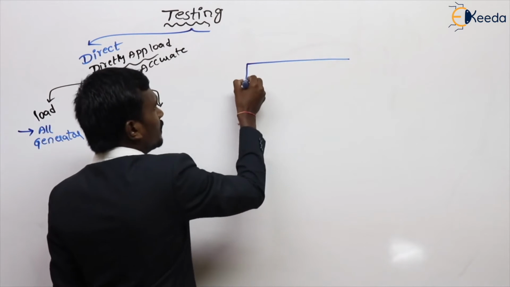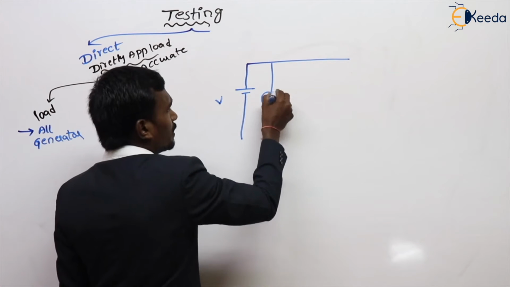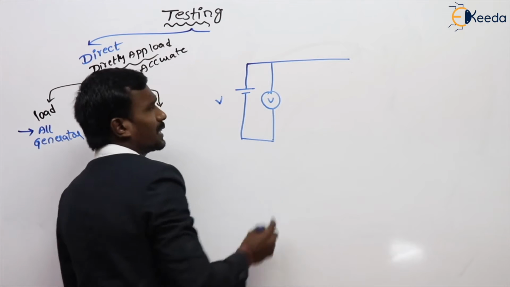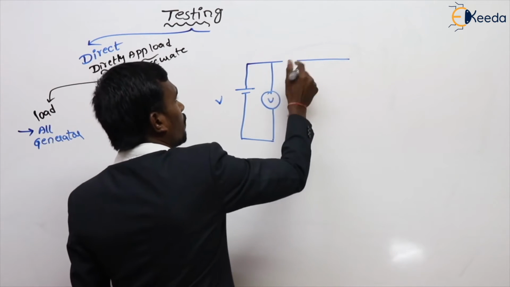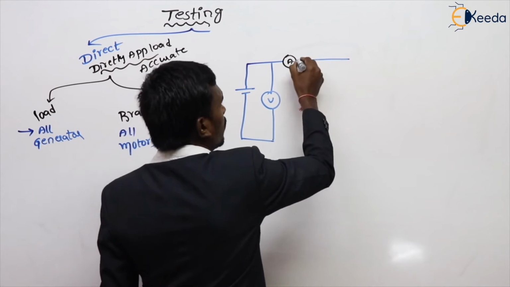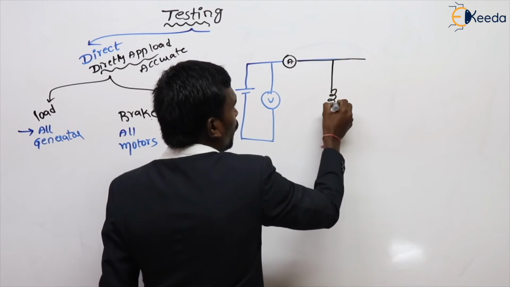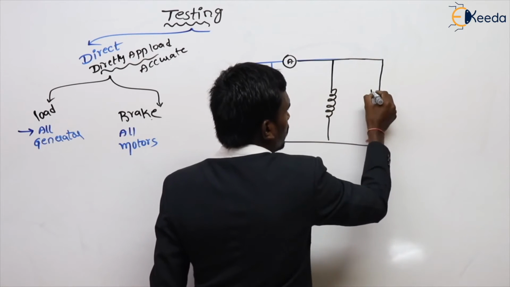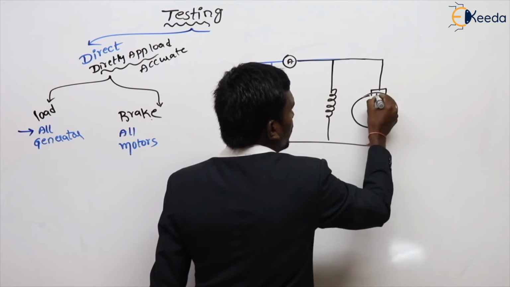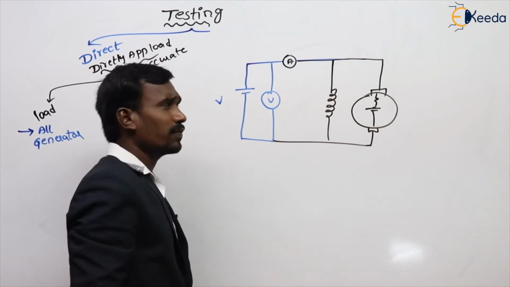For example, this is the supply given to the shunt motor. To know the supply voltage, voltmeter V is connected. To know the current, one ammeter is connected. This is connected to the field winding, and this is connected to the armature winding of my DC shunt motor.